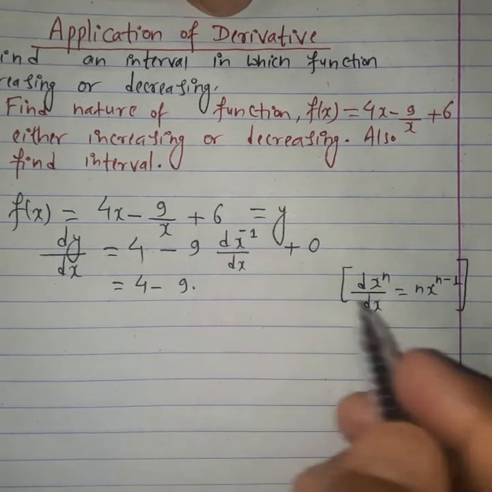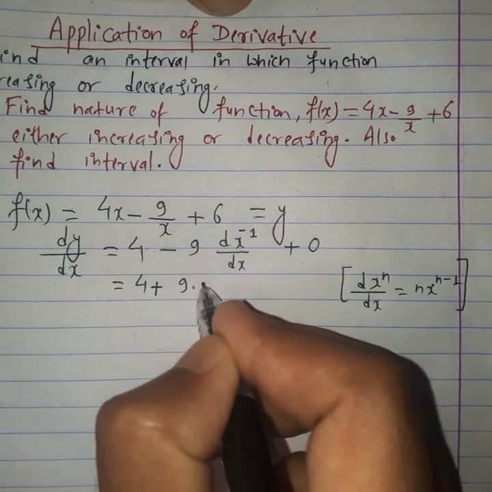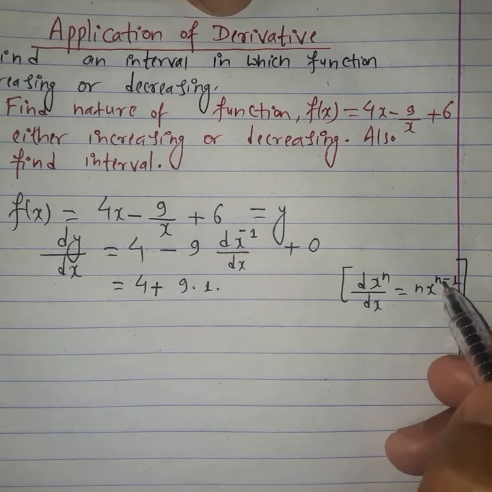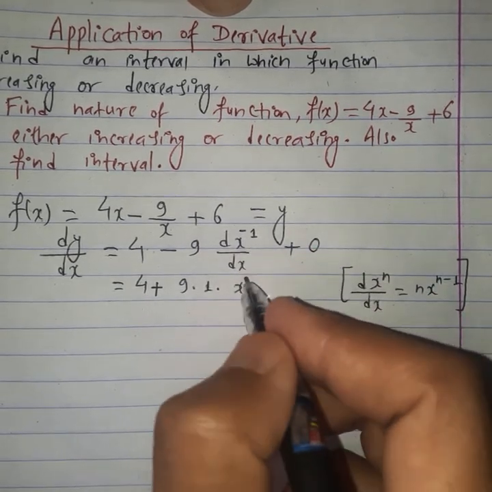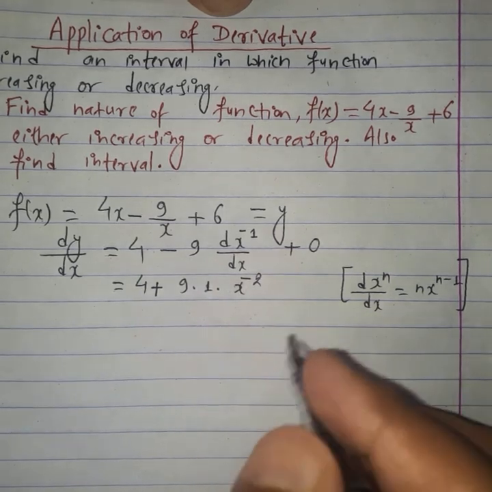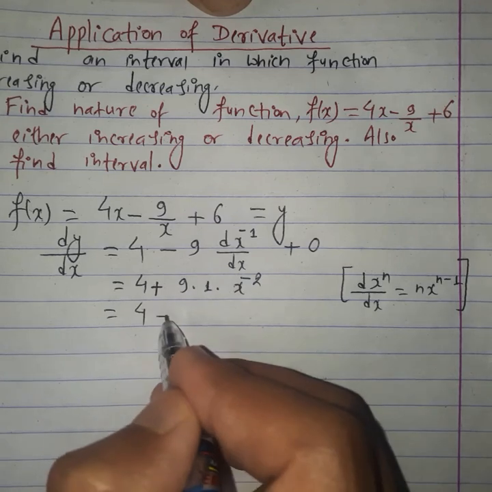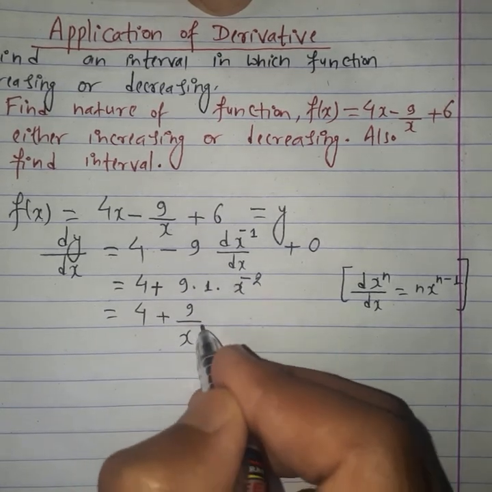In place of n is -1, so this will be positive, and 1 times x to the power of -1 minus 1, which is -2. Let's make it simple. This is just 4 plus 9 over x square.